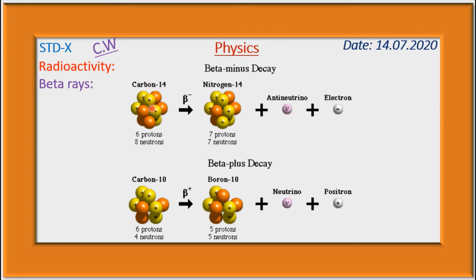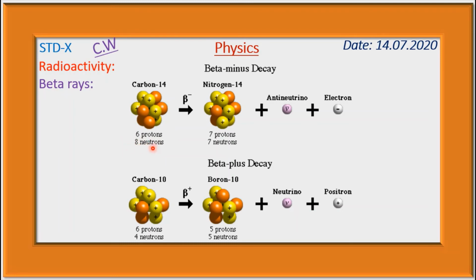Here carbon 14 has 6 protons and 8 neutrons. 6 plus 8 is equal to 14. We know carbon 12 is a stable isotope of carbon, and it has 6 protons and 6 neutrons. But here the number of neutrons is 8 and the number of protons is 6. The atomic number of carbon is 6, that is 6 protons. It is the identity of carbon.